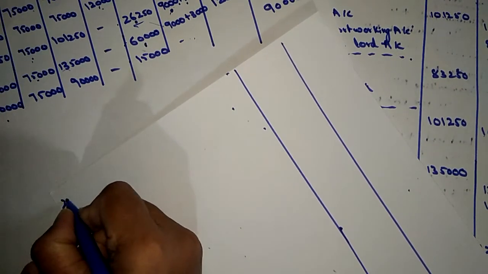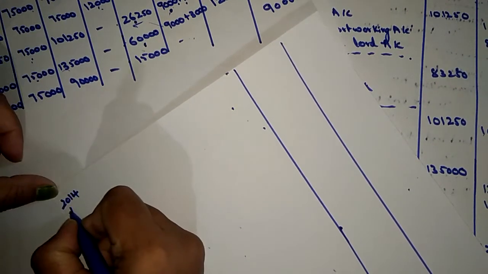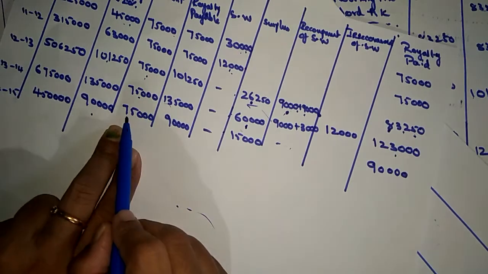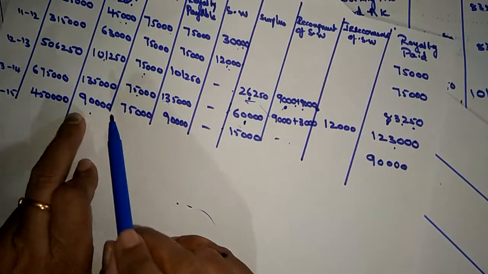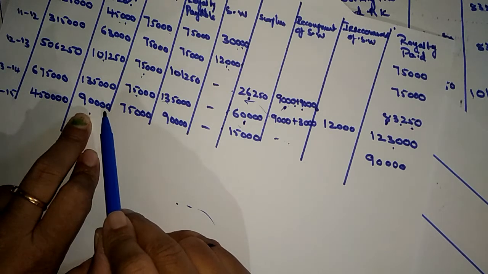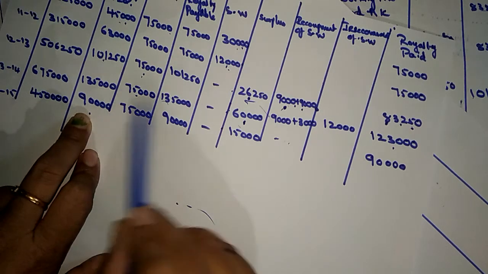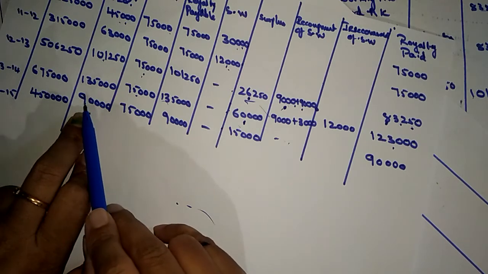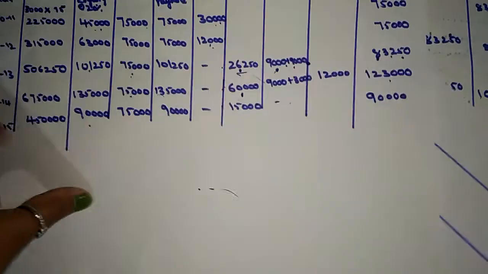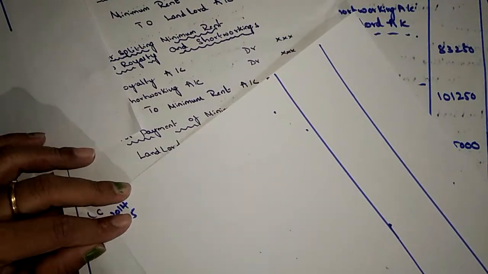So year 2014 to 15, but we don't have any adjustment in this year. So whatever actual royalty Mr. Sriram is earning, that we are going to pay him. That much amount the publishing company is going to pay to Sriram. So that is 90,000.